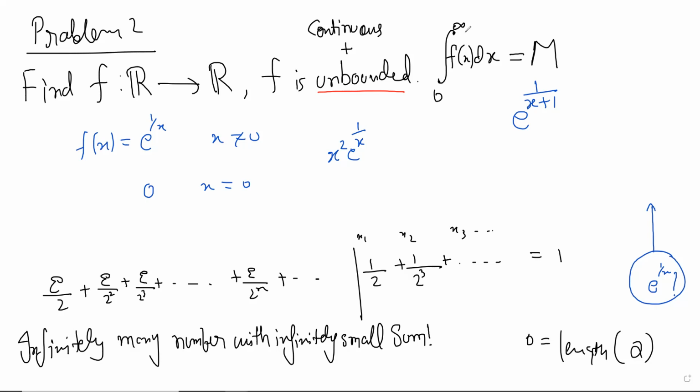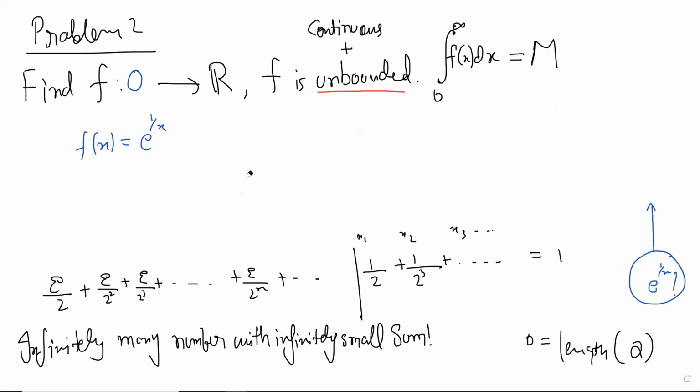Whatever you consider has to be unbounded. Otherwise, what is it? If you take this, then when x goes to 0, it doesn't even converge. That is a problem.